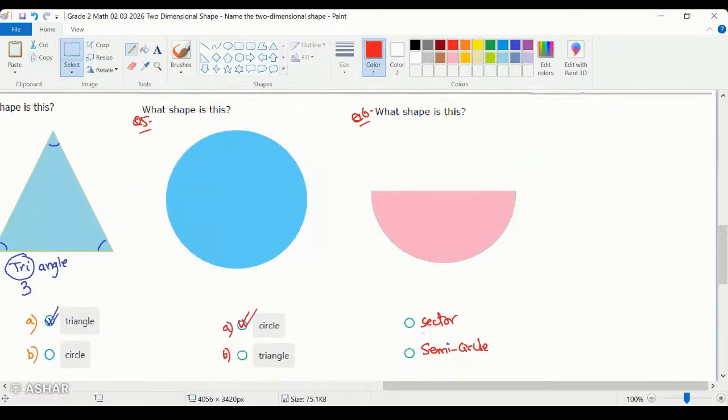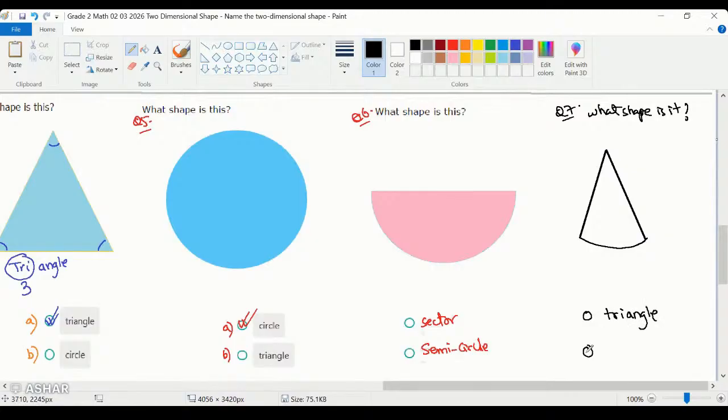Question number 7. What shape is it? The first option is a triangle.